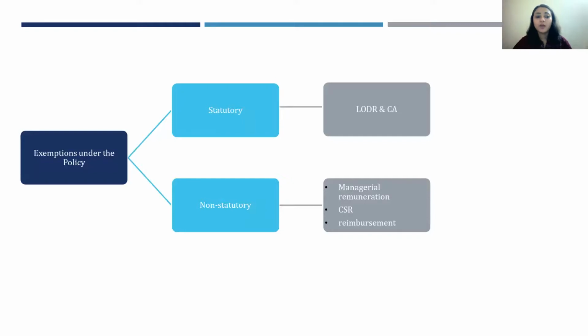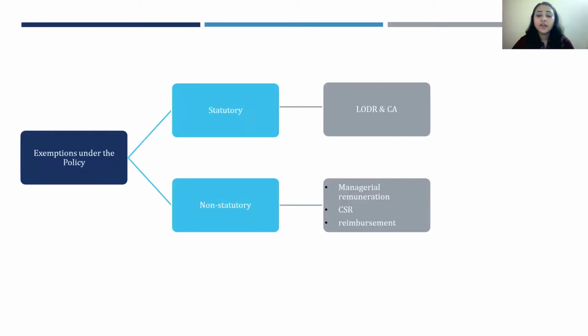Moving on, we talk about exemption and report. Now, there are two kinds of exemptions, statutory and non-statutory. Statutory exemptions are the exemptions that have been laid down under the Companies Act and under LODR.